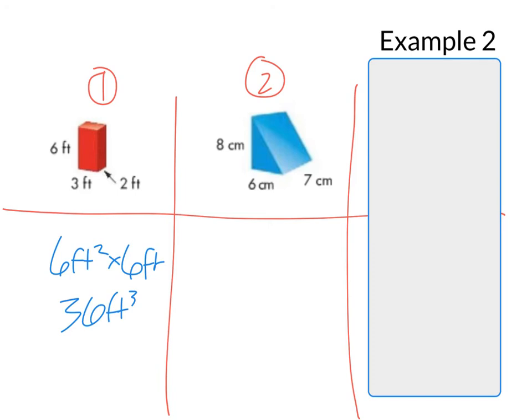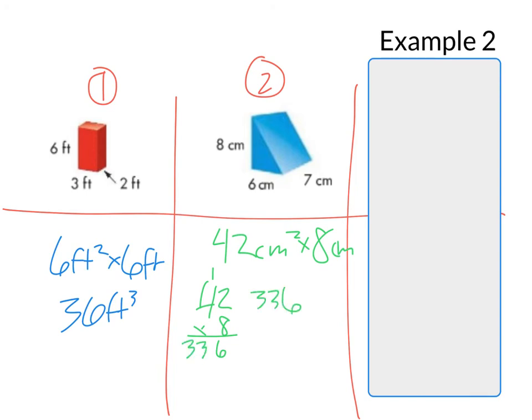So for this, first I'd find the area of the base, which is going to be 6 times 7, so that's 42 centimeters squared. I'm going to multiply that by height, which is 8 centimeters. I can't really do that in my head, but I'm going to multiply it out. 42 times 8. So that's 336.